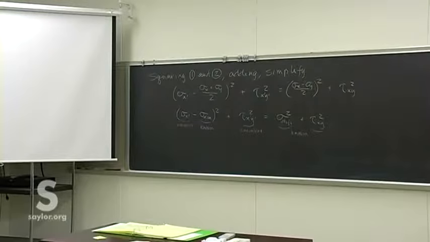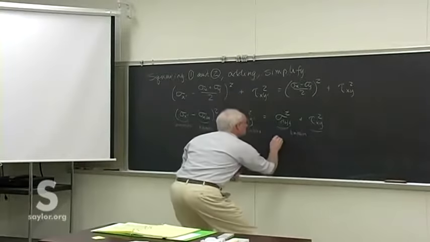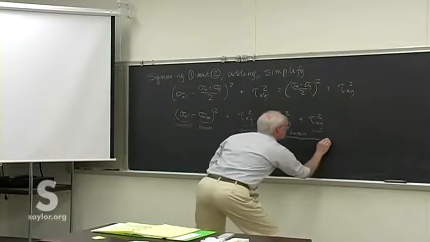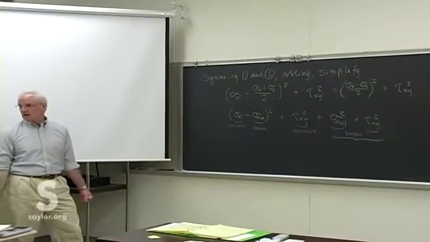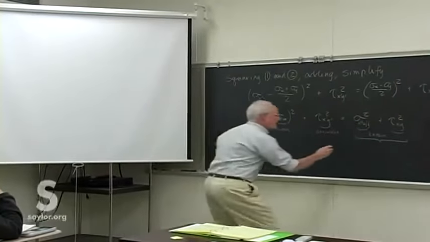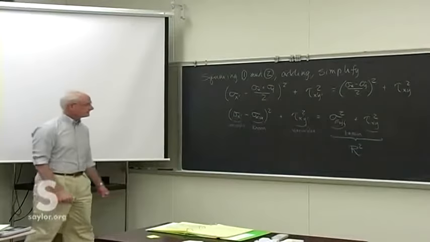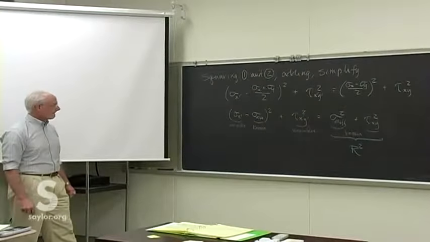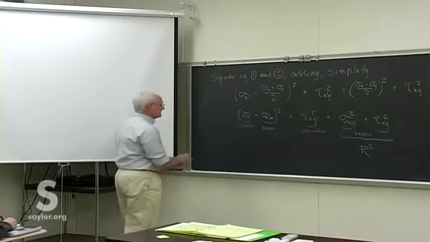So, we're going to rename one of those terms again. So this on the right-hand side, that's a quantity that's known. That's a constant. No matter what the angle is, that value is already determined. So we're going to call that r squared. So what I have are variables.